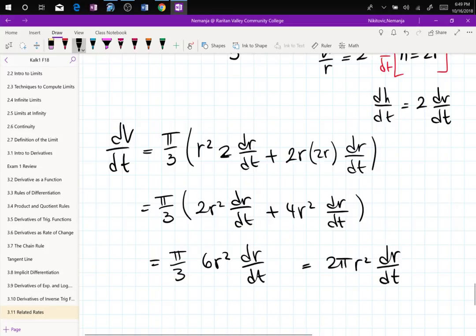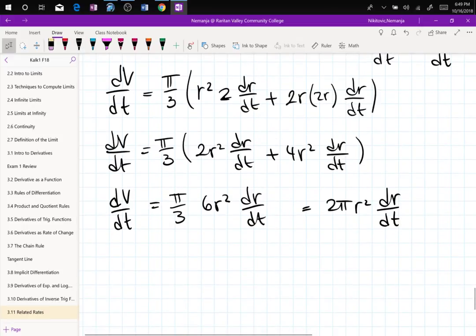This is one of the ways that the problem could take turn depending on what you need. So now, as you can see, your related rate here, I'll write one more: dV/dt is equal to 2 pi r squared dr/dt, and you can measure those and you have it.